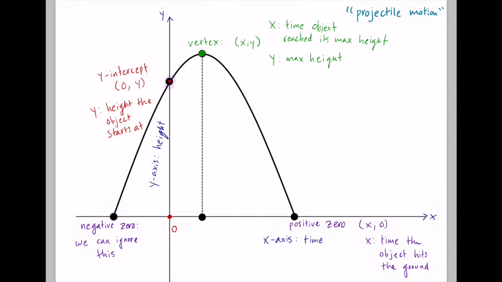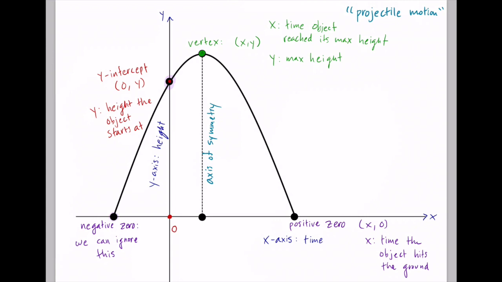The last thing that I want to make note of here is something called the axis of symmetry. So that's going to be this dotted line. Anytime we're working with projectile motion, we're truly working with a parabola. Parabolas are always symmetrical.